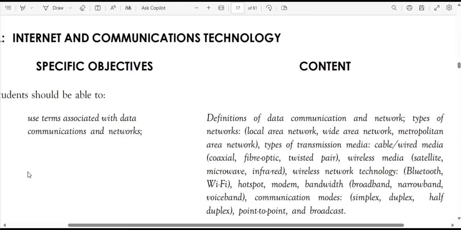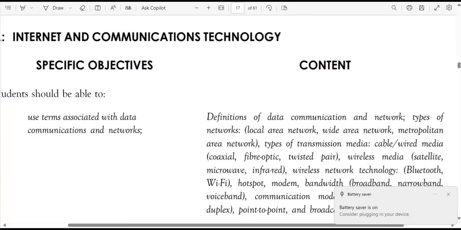The main goal is to enable the exchange of data and information between computers or other devices.